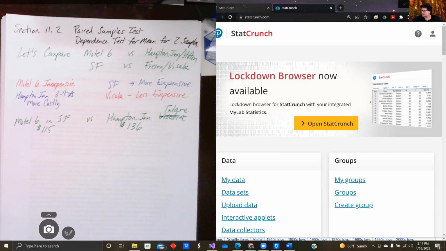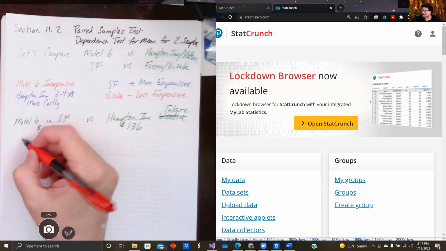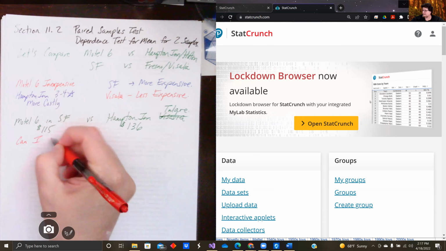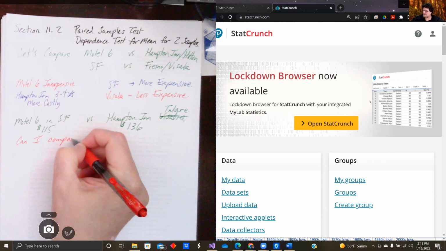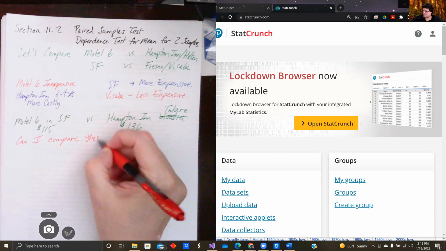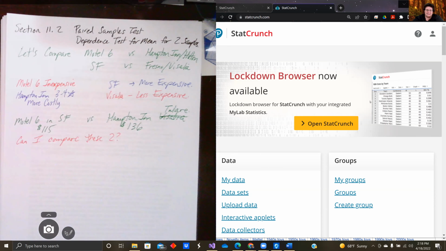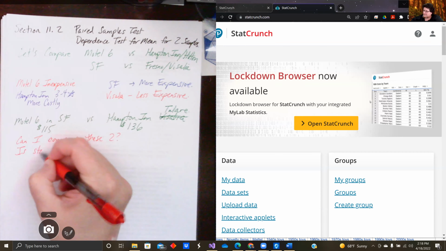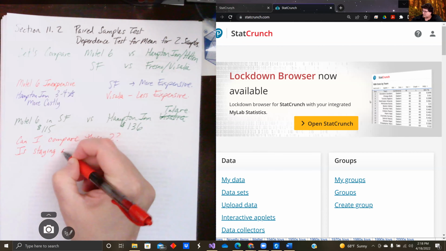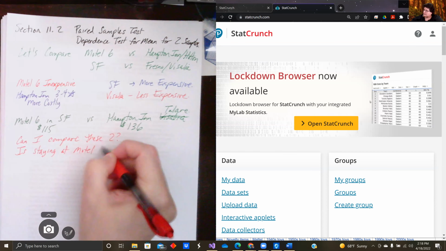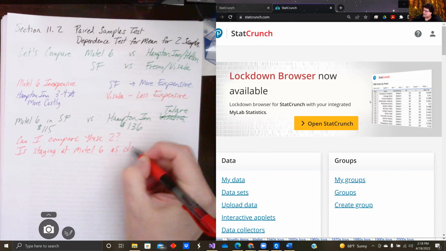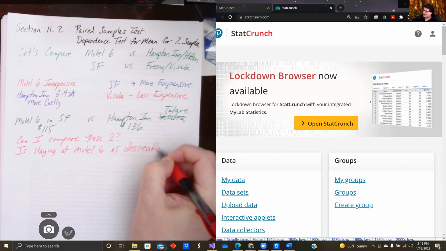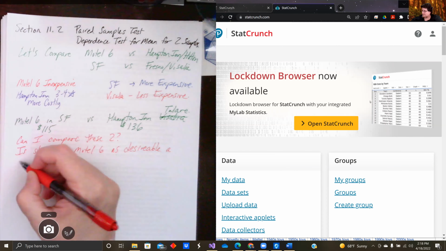But are these reasonable to compare? Can I compare these two? Or even put them in the same category? Is staying at Motel 6 as desirable as staying at a Hilton or Hampton Inn?